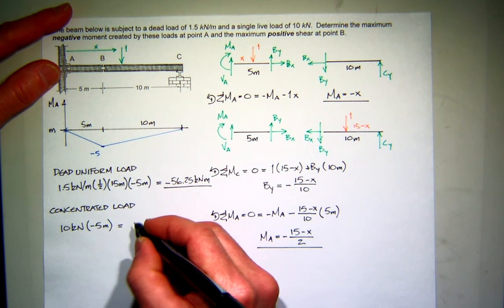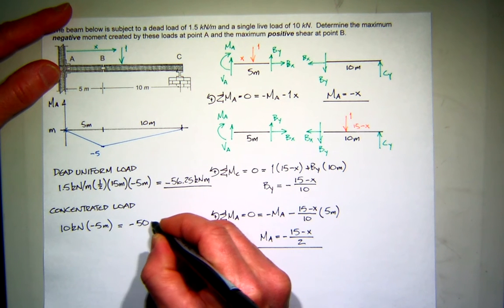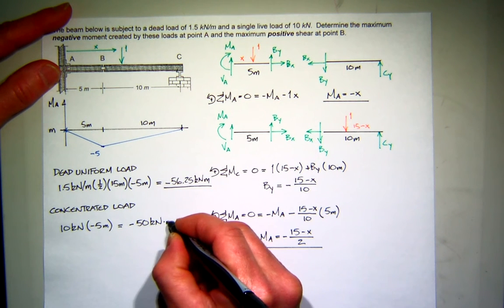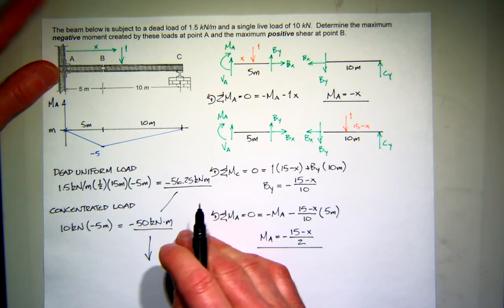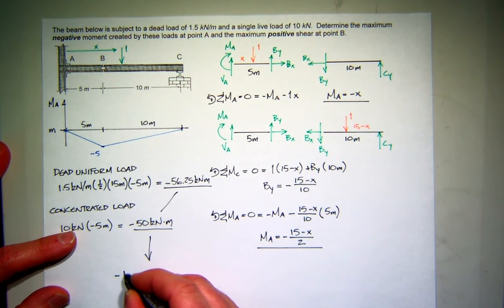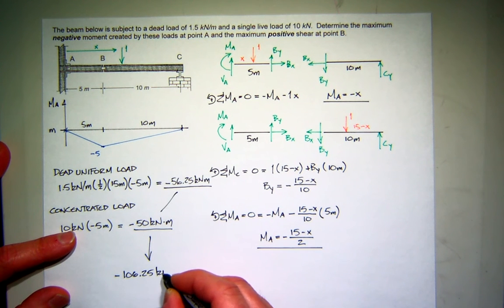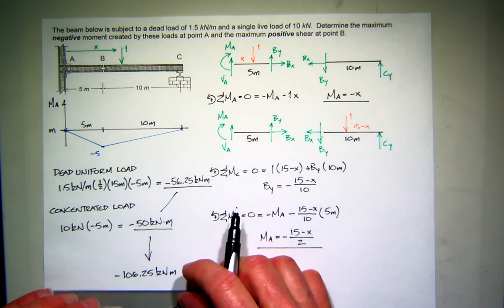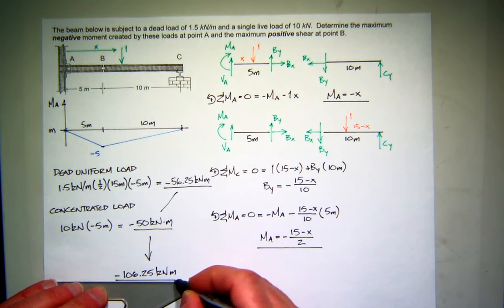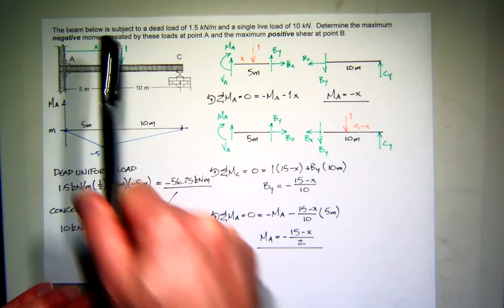Will give you an additional, let's see if I can calculate that, 50 kilonewton meters. And of course you just add those two together to get the total, which would be -106.25 kilonewton meters. So that's the maximum moment that will occur at A due to our dead load being applied to the whole structure and our moving live load.